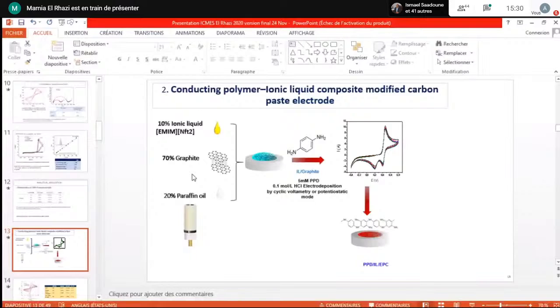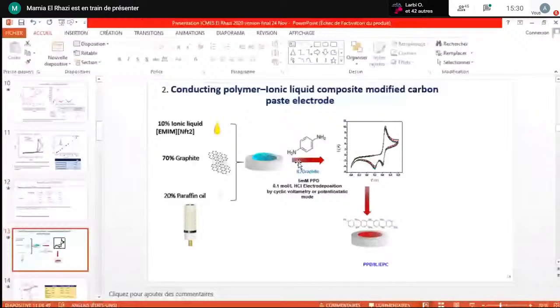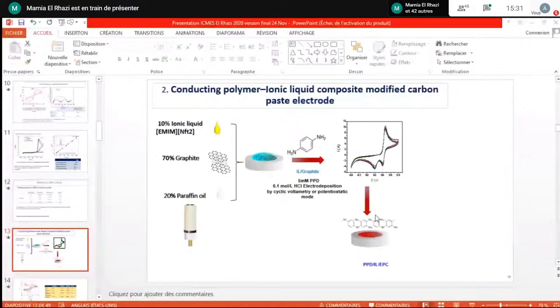And then we carried out the electropolymerization of our polymer. And the film is formed on our electrode.